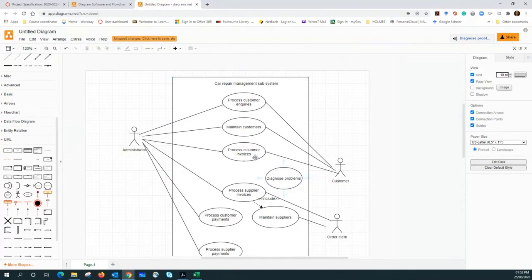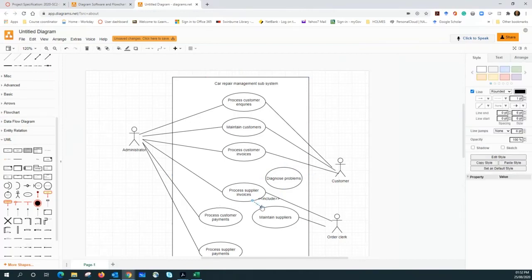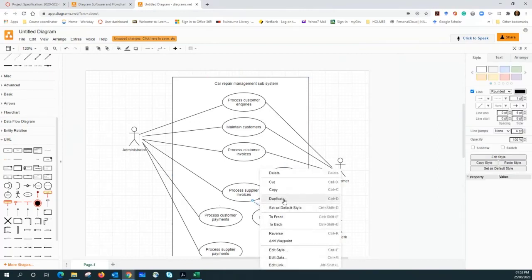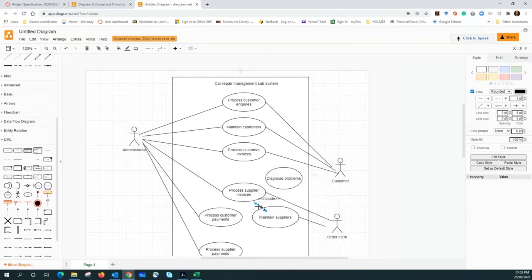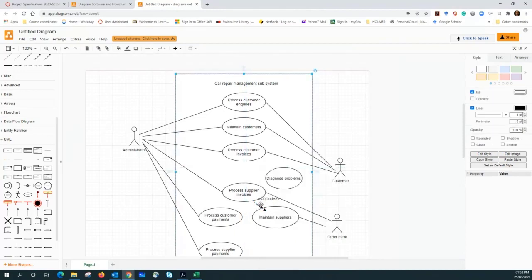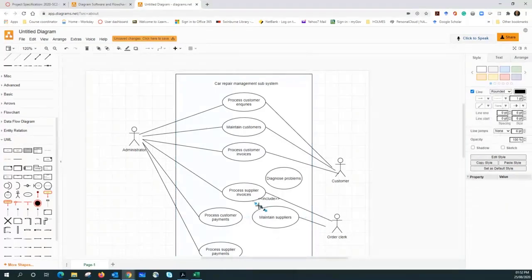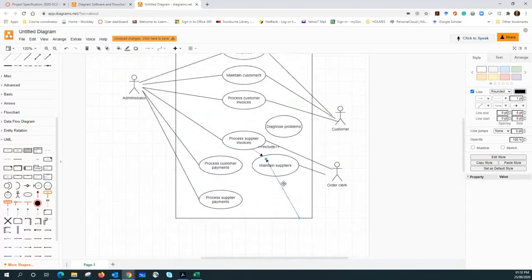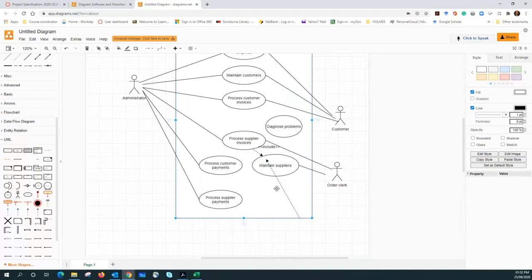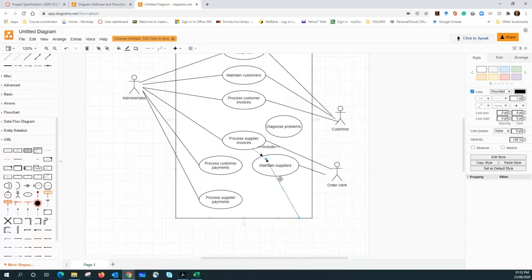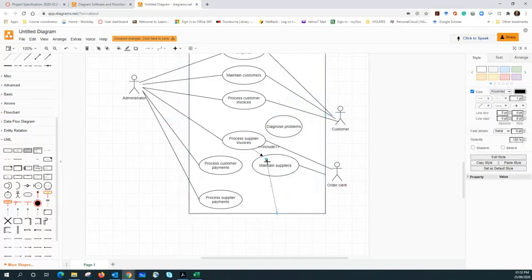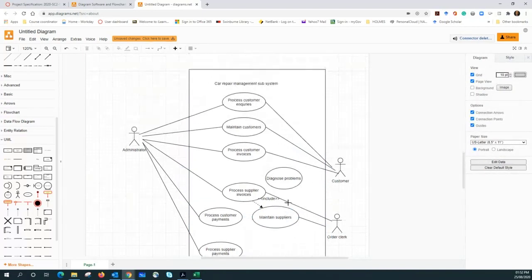Right, so the extend means it goes from here to there, right? Actually, let me duplicate this one.